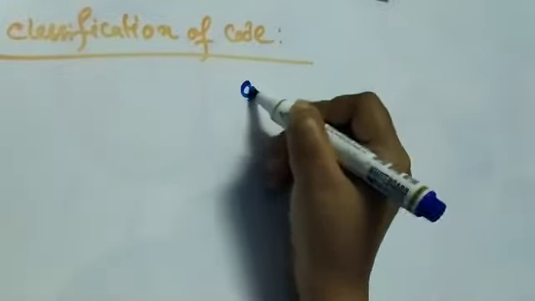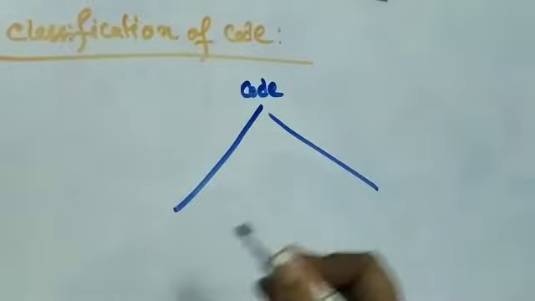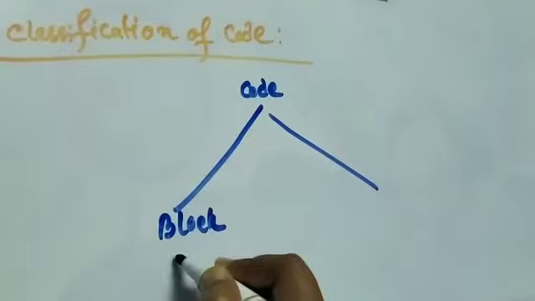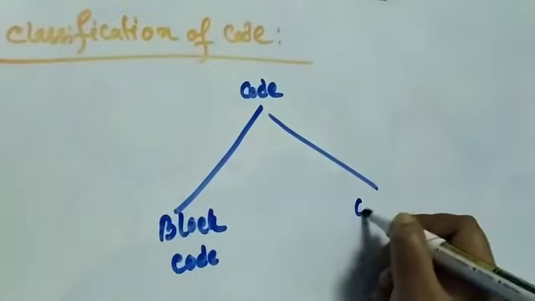In this class, we will discuss the classification of codes. Error control codes fall under one of two basic categories. Number one is block code, and second one is convolution code.